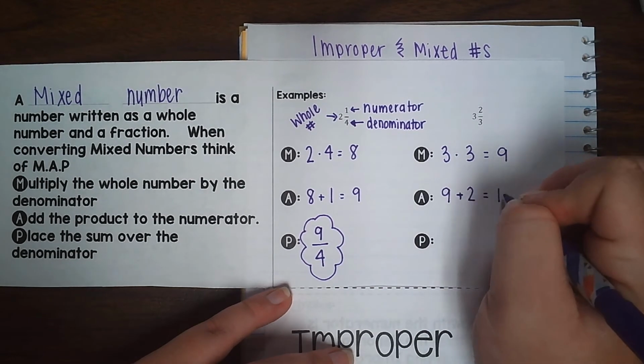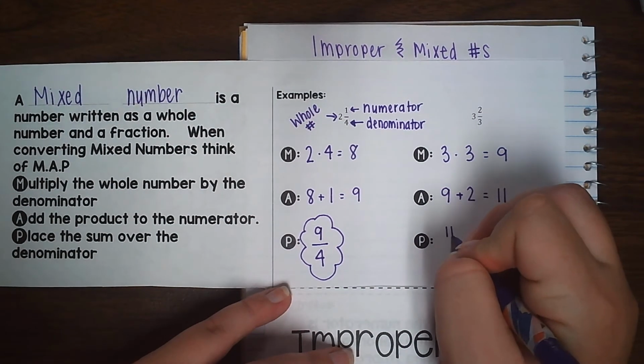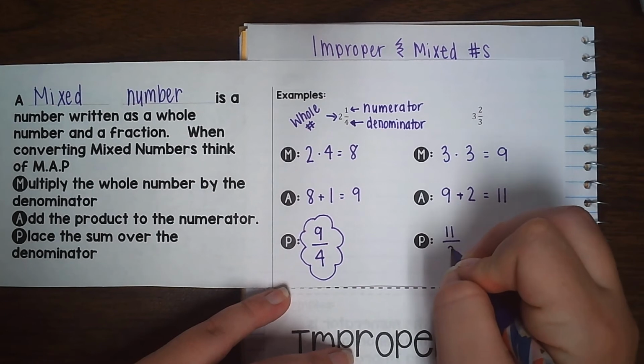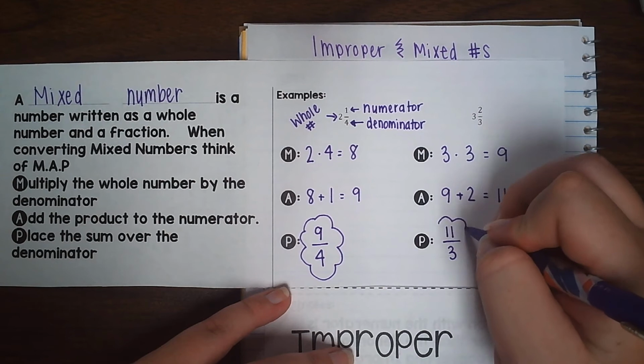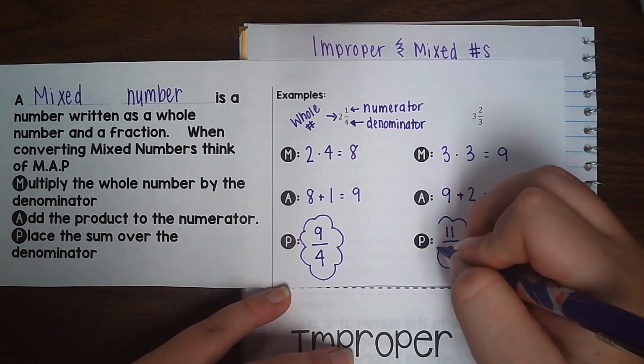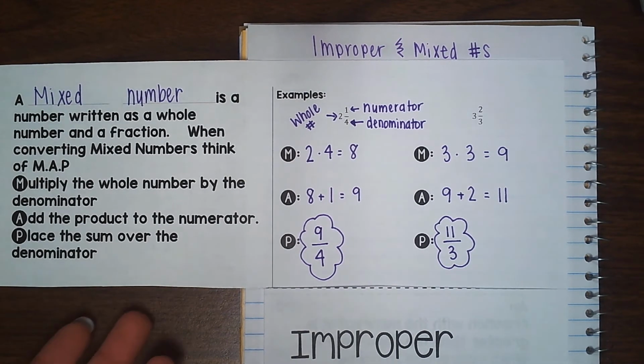That gives us 11. Place the sum over our denominator. So that gives us 11/3. Good.